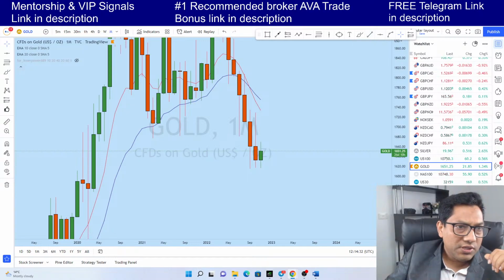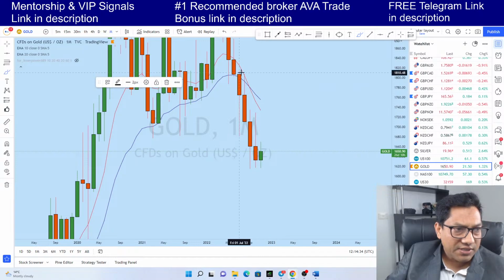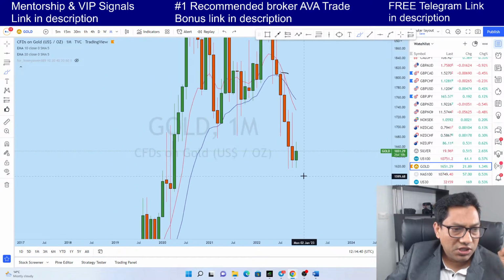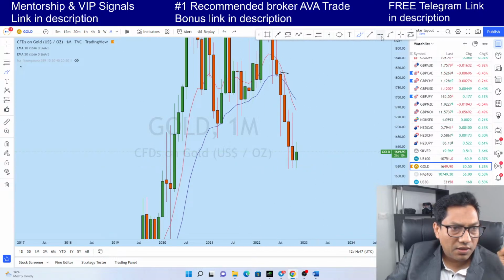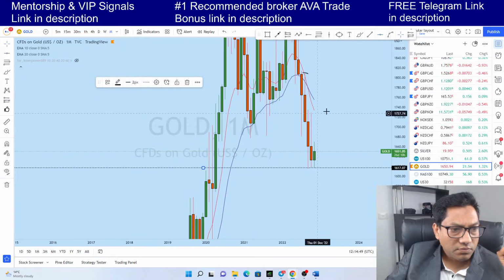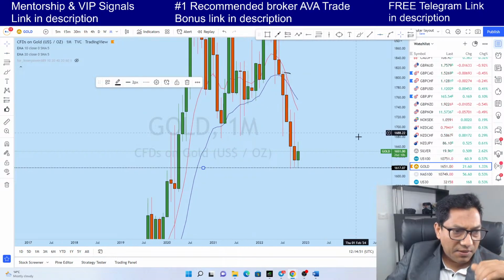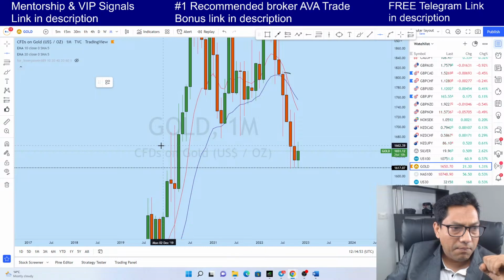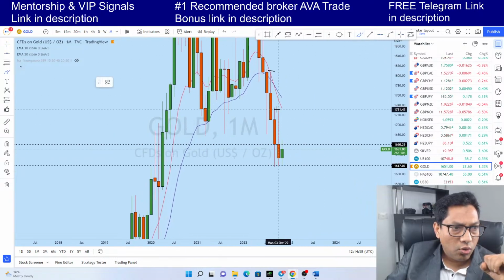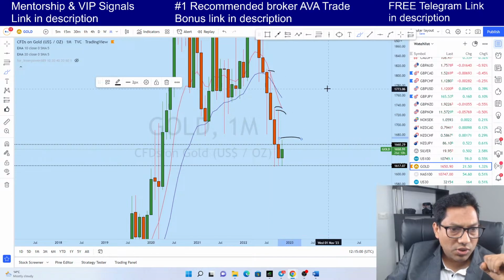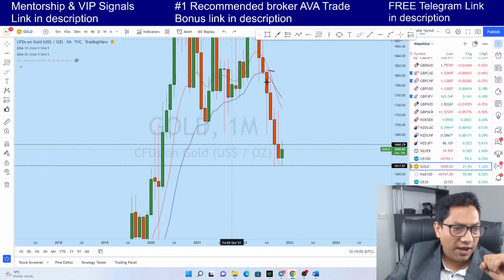So gold is in fact creating a series of lower highs. That means the price action is bearish. Now this month the price came to this support and then we have seen a bounce. This is the monthly support zone here. Now the price action is highly bearish, and it is also facing a monthly opening and closing, which is also a resistance. If you look closely, you will see that every month the price was creating a series of lower highs.